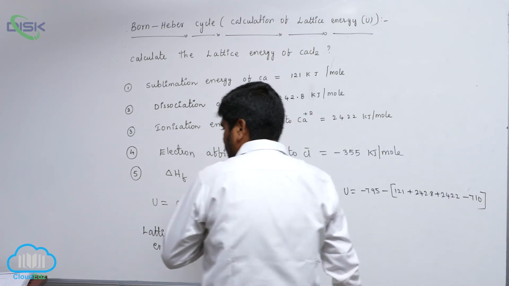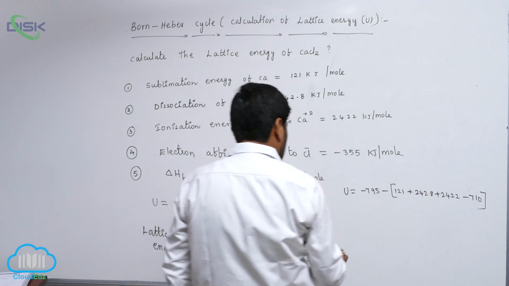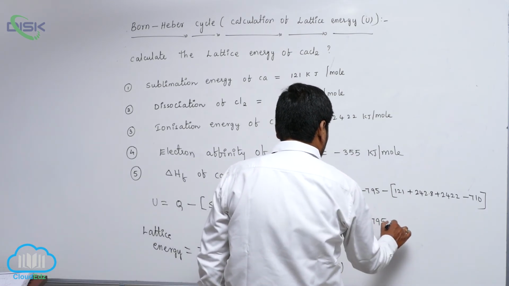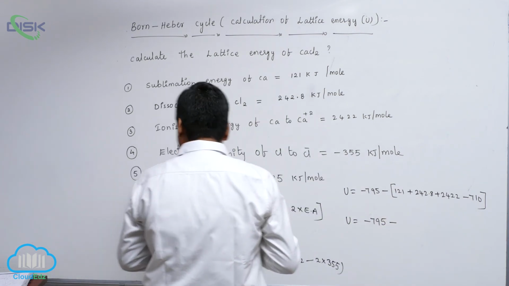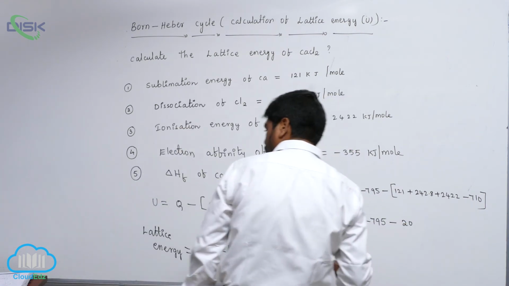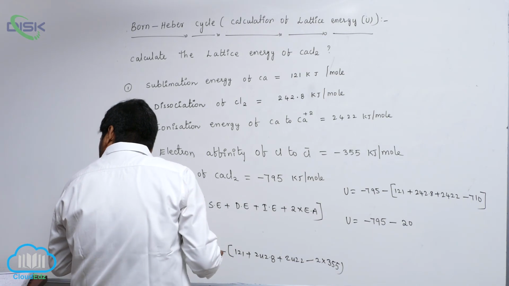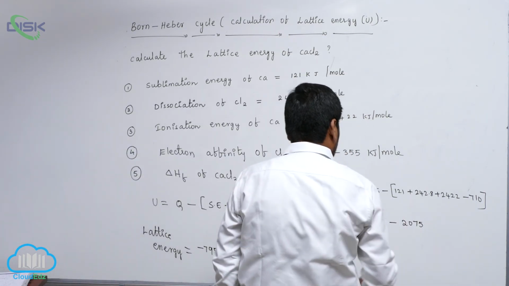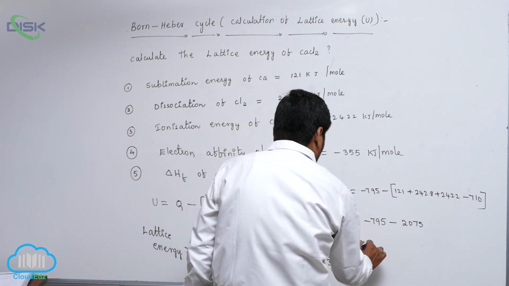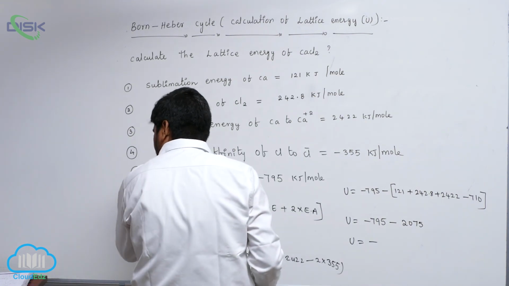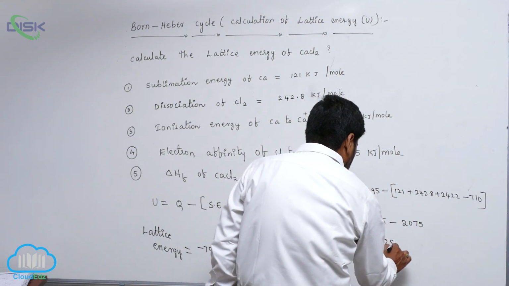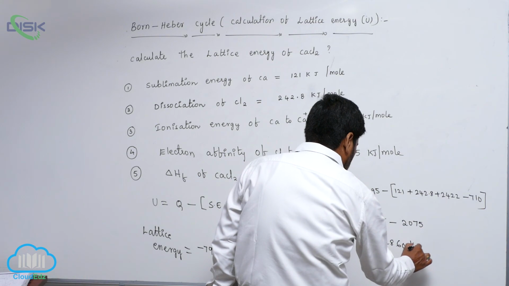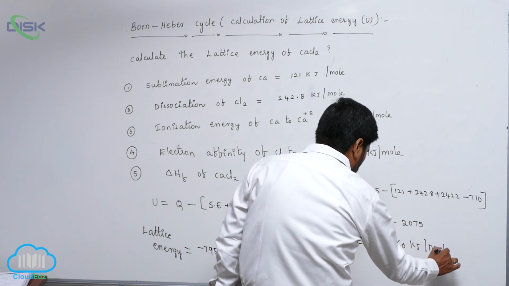So therefore here Q equals minus 795, here is also minus 2075. Add these three, so therefore U equals how much? Minus, this amount of energy is released, so 2860 kilojoule per mole.